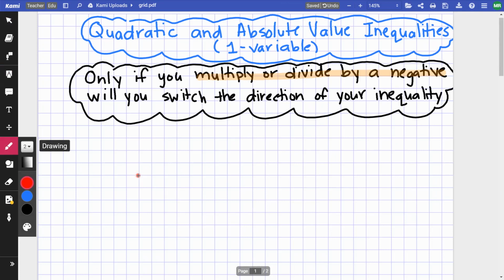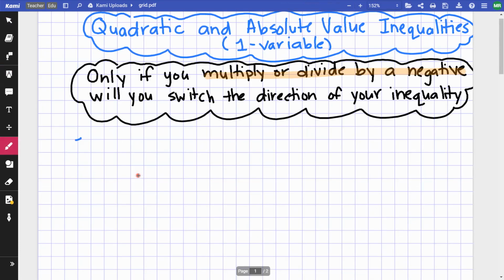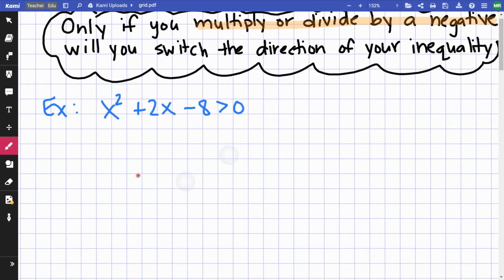Example 1. Let's say we have x squared plus 2x minus 8 is greater than 0. And then I'm going to next to it do another equation or inequality.